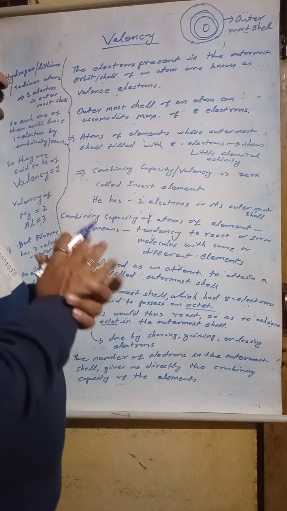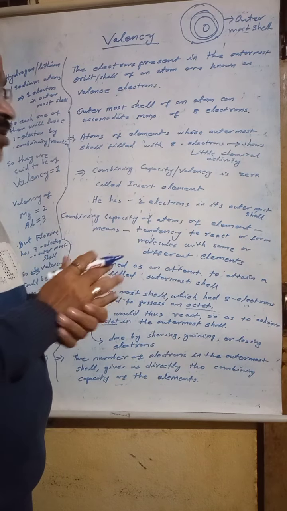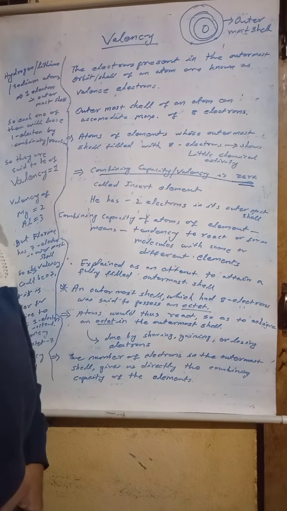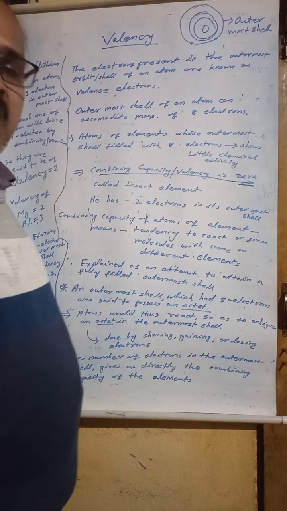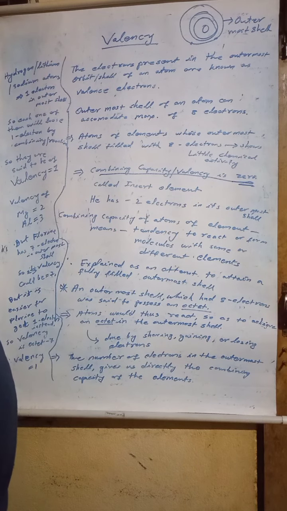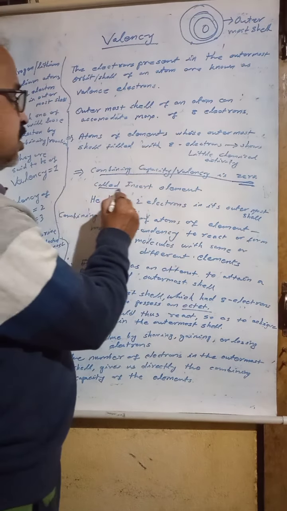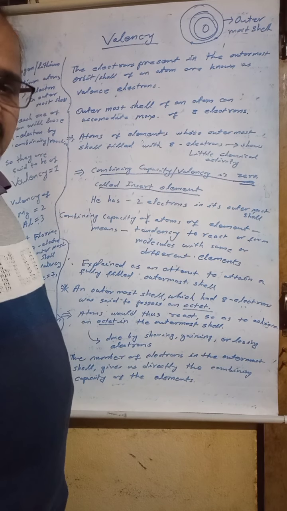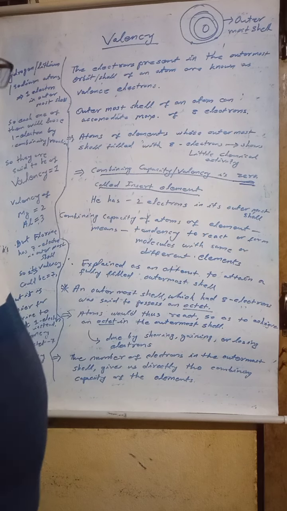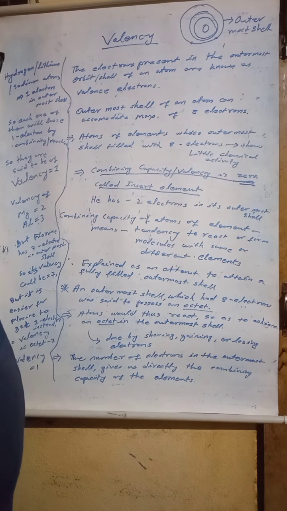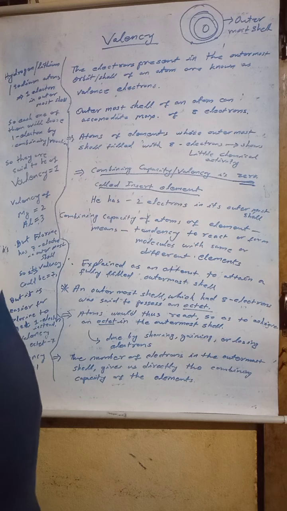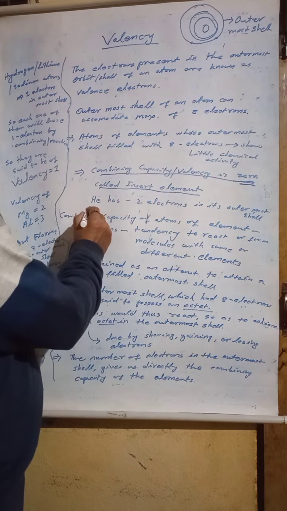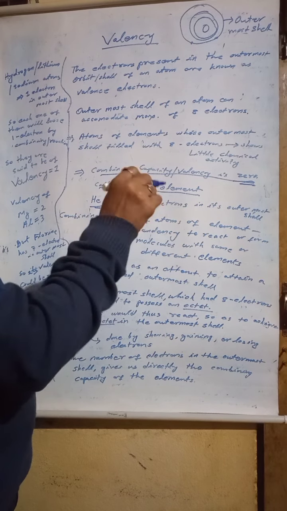Combining capacity or valency is 0 if the outermost orbit already has 8 electrons, and it is called an inert element. For example, helium has 2 electrons in its outermost shell.